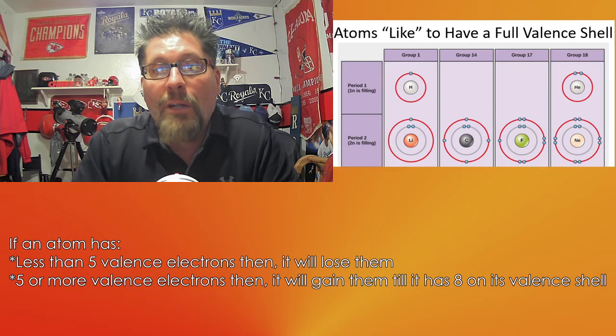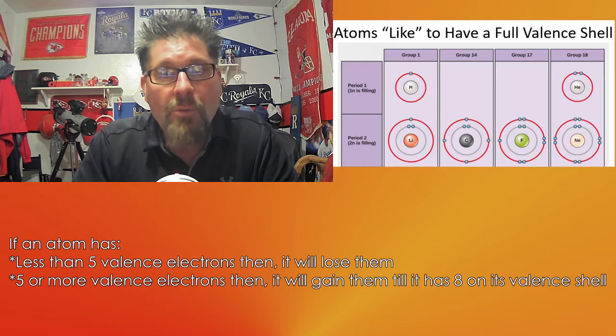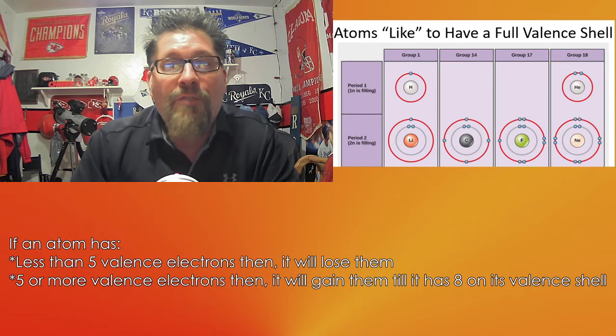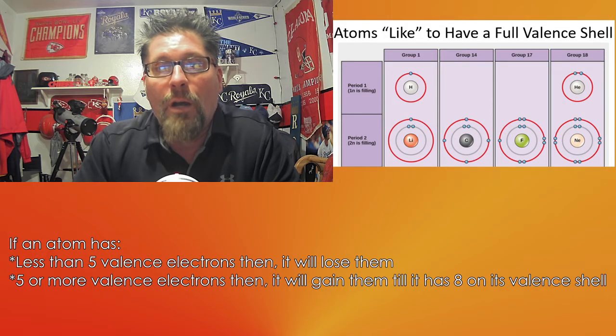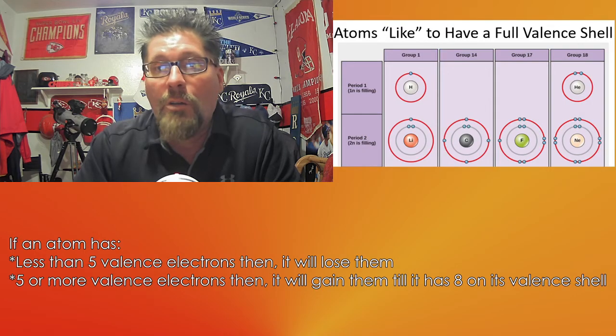Now, we've got some examples here, but it's not a hard and fast rule, as we like rules to be. In this case, the number 5 is kind of that point where electrons can be gained or lost. If it has less than 5, it typically loses those electrons to stronger ones.